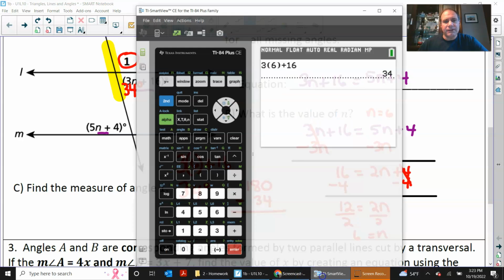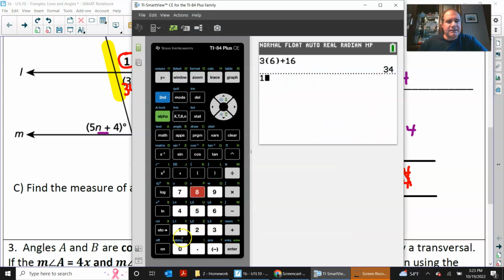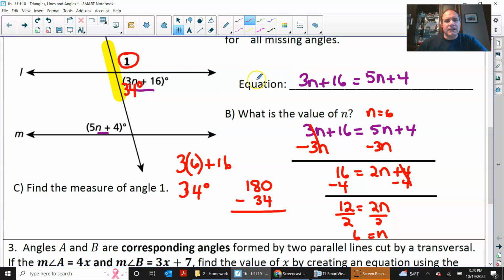You grab your calculator again and do 180 minus 34. And you have 146. And this does make sense that angle 1 is 146, because look how large it is. It's an obtuse angle. It should be much greater than 90, and it is. It's 146 degrees. It makes a lot of sense.